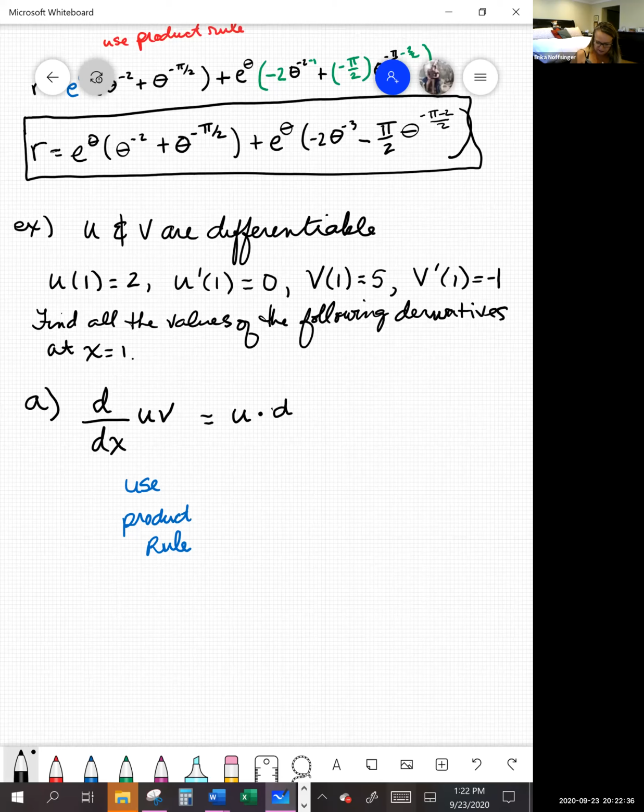Actually, I just did it separately than what I just told you to do. Let me just rewrite it again. So take the derivative of the first. So d dx of the first u all times the second v plus the first u times the derivative d dx of the second function v.